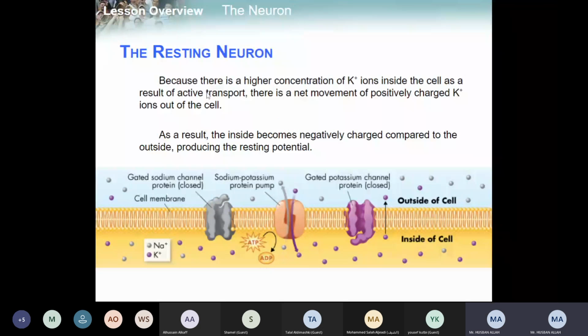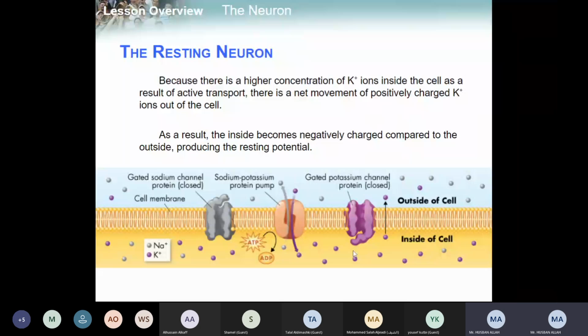Because there is a high concentration of potassium ions inside the cell as a result of active transport, there is a net movement of positively charged potassium ions out of the cell. If you look here, this is inside the cell and this is outside the cell.